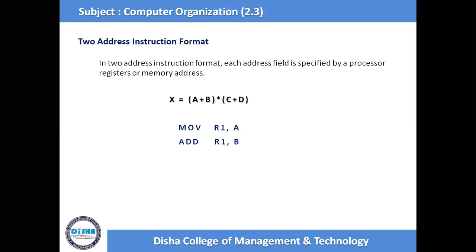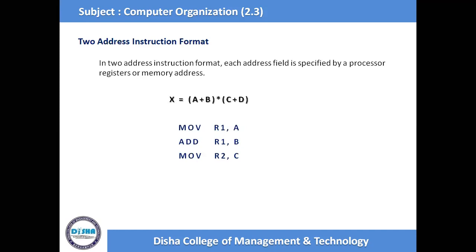Next, after moving A to R1, we have another operand value, that is B. With this instruction we add the content of R1 and the content of B, and the result will move to R1. Now A plus B is done by writing just two statements with the two address instruction format.